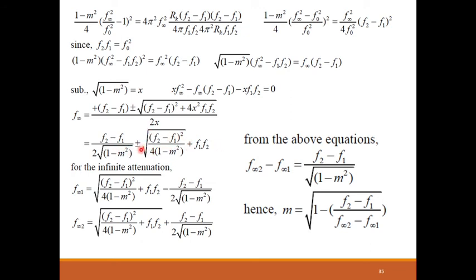If plus, that is f infinite 1, and minus, that is f infinite 1, and plus means the f infinite 2.